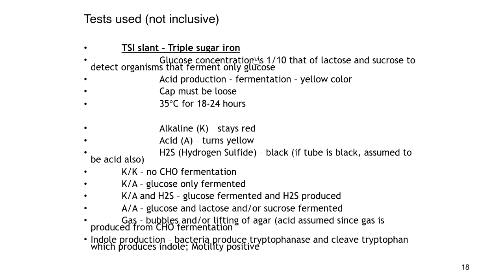All of this other information here, the alkaline, the acid, the hydrogen sulfide, glucose only fermentations, glucose fermented and hydrogen sulfide produced, is there for your reading pleasure and interest.